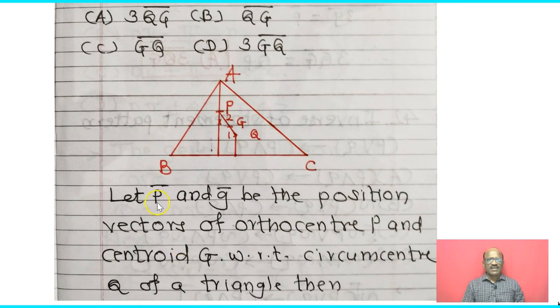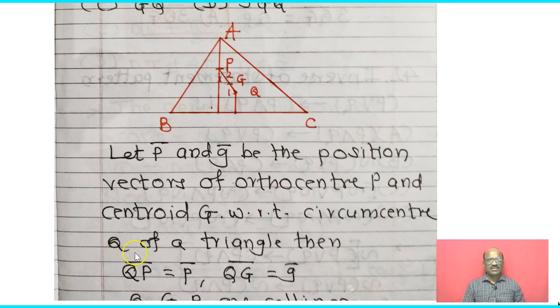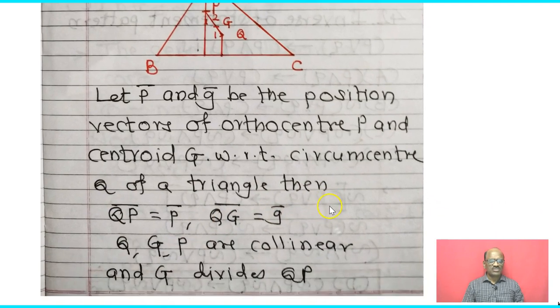Let P bar and G bar be the position vectors of the orthocenter P and the centroid G with respect to the circumcenter Q of the triangle. Then QP bar is equal to P bar, and QG bar is equal to small g bar.